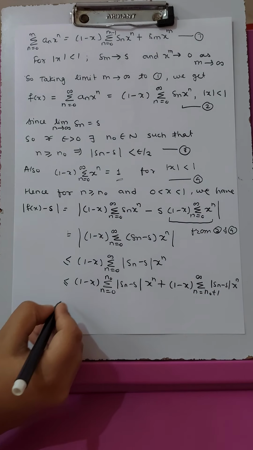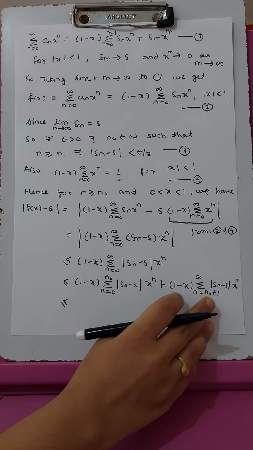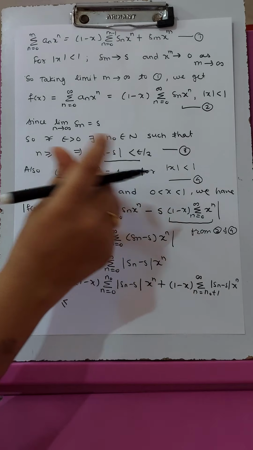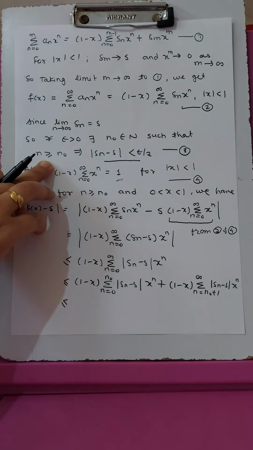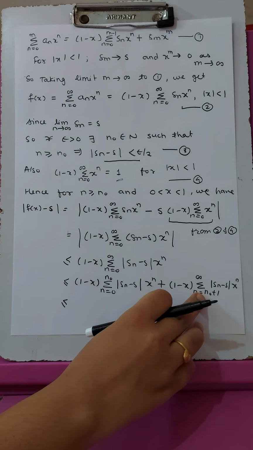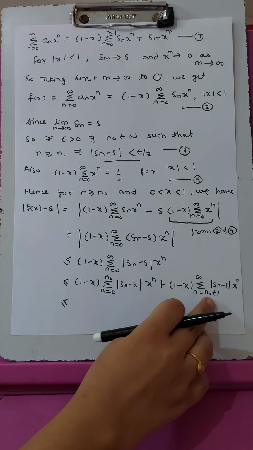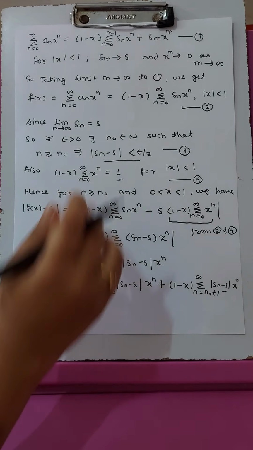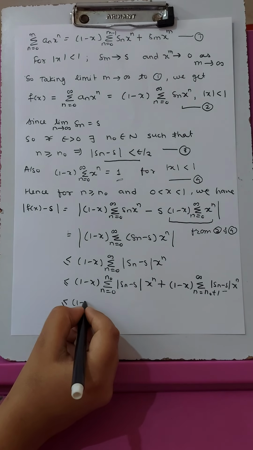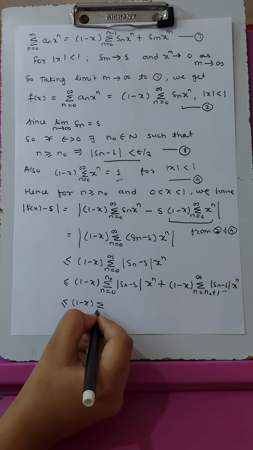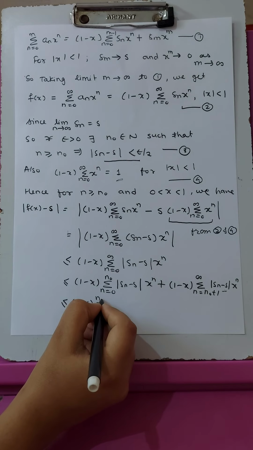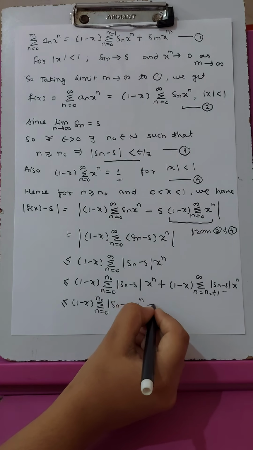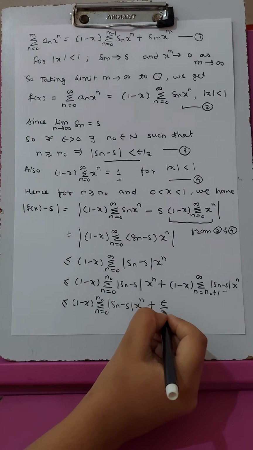Now since mod of Sn minus s is less than epsilon by 2 for n greater than n0, and here n is greater than n0 as it starts from n0 plus 1, this mod of Sn minus s will be less than epsilon by 2. So we get 1 minus x summation n from 0 to n0 mod of Sn minus s x to the power n plus epsilon by 2.